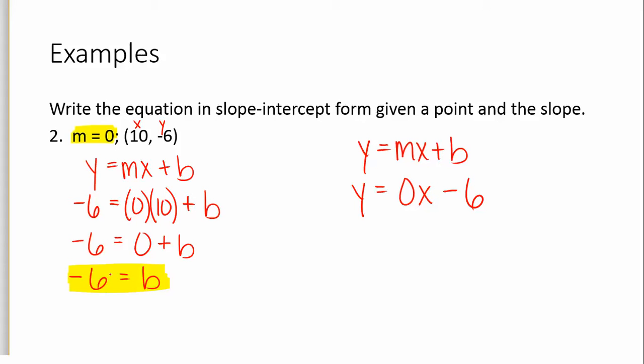Remember, our y-intercept is negative 6, so we can write minus 6. If you're writing plus a negative 6, that too is okay. From here, you could leave this like that, or because we have 0x, this term kind of goes away. So you could just write y equals negative 6. So both of these answers are acceptable.